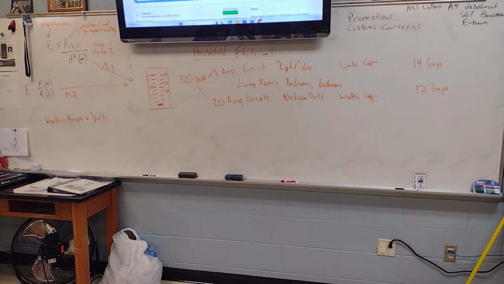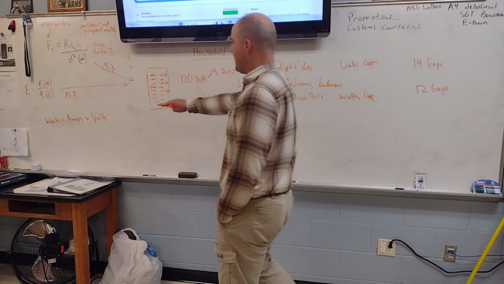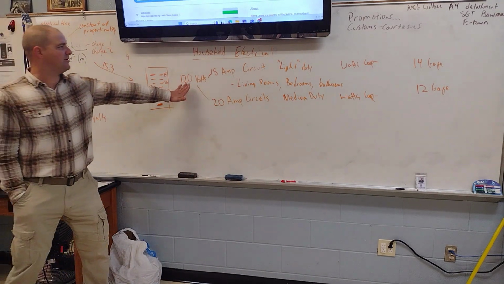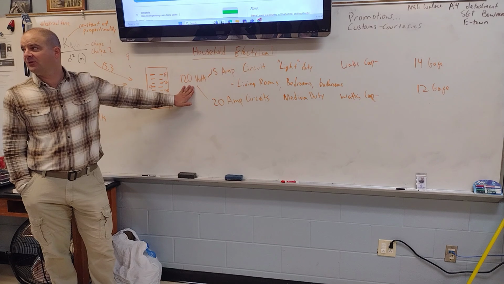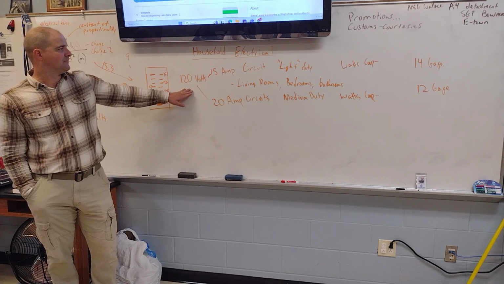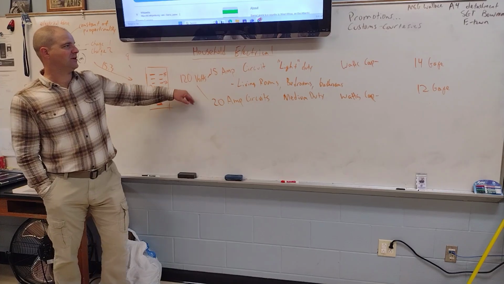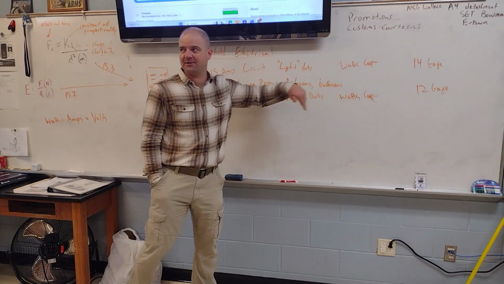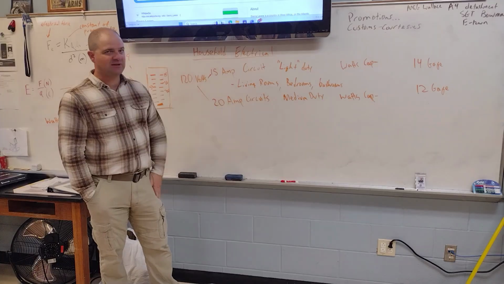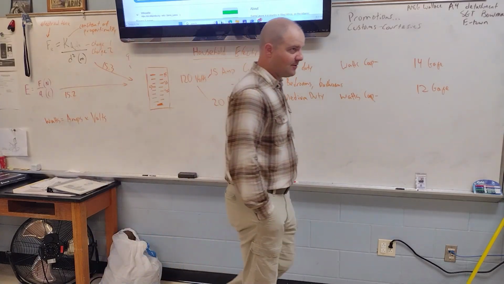Everybody go ahead and do that, and I'll ask in a moment, what did you get? So amps times volts gives you watts. We have 120 volts for each of these types of circuits, 15 or 20 amp circuits. So 120 times 15 will give you the watt capacity of a 15 amp circuit, how much power you could actually use, and 120 times 20 for 20 amp.